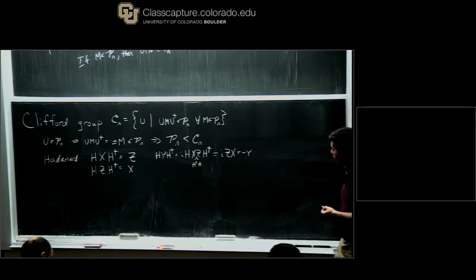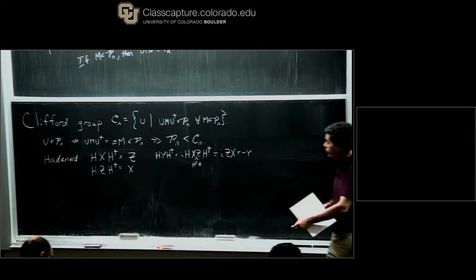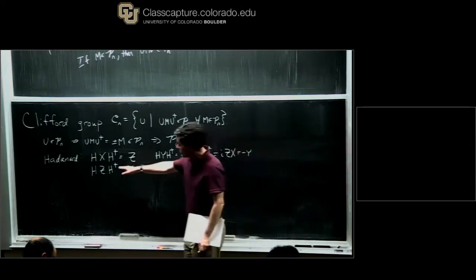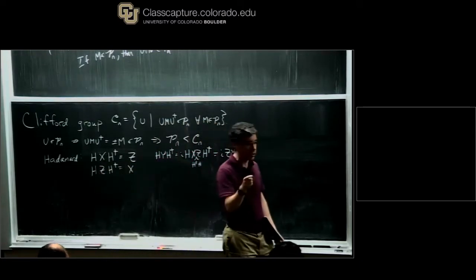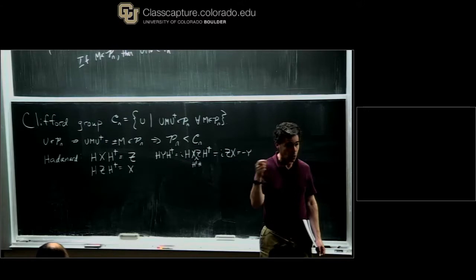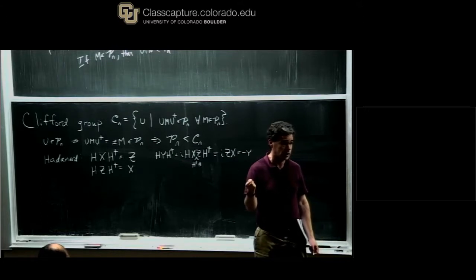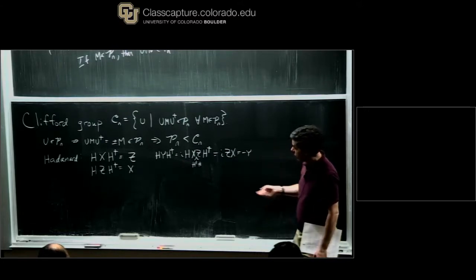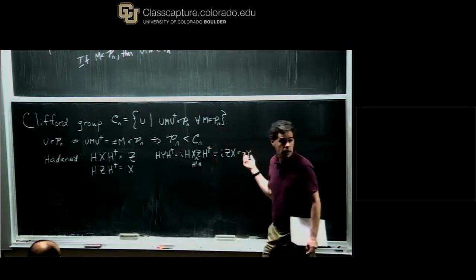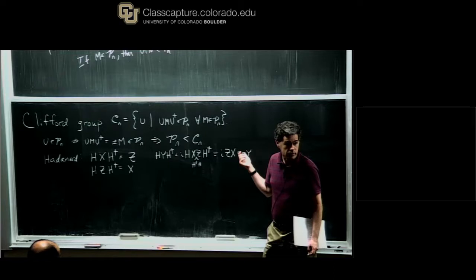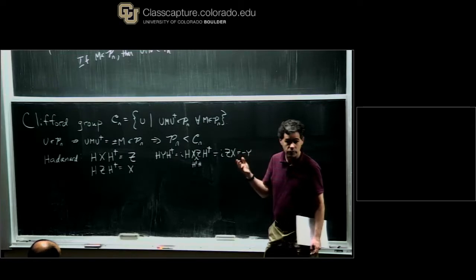So at this point, let me stop to make a couple of remarks about some things that are happening here. So first, I've already pointed out that it's sufficient just to look at the conjugation of x and z. And we know that if those work, then y also has to work, right? Because if we get Paulis here, the conjugation of y will be the product of those things, which is guaranteed to, again, be in the Pauli group.